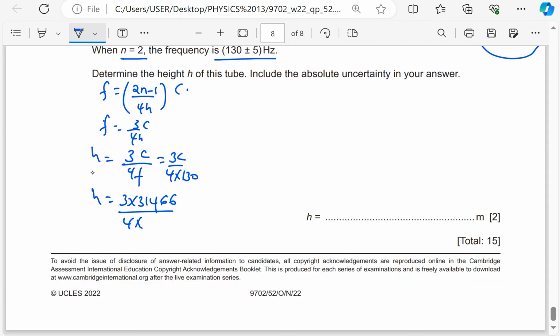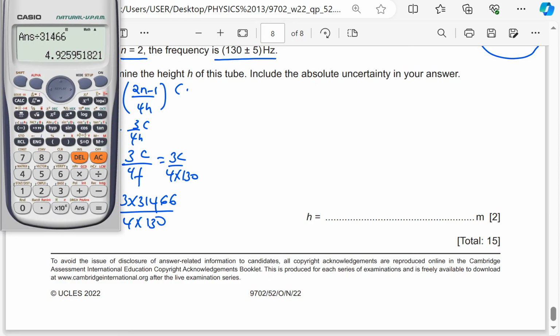Divide by 4 times 130. So 3 times 31466 divided by 4 times 130. So that is approximately 181.5.